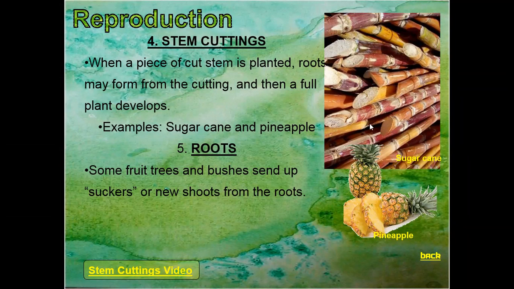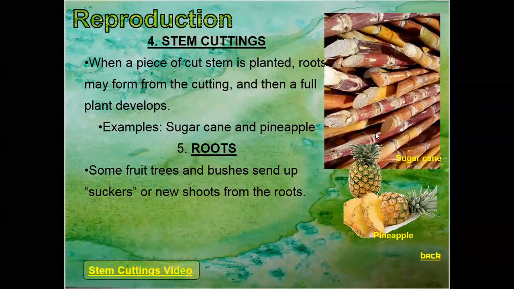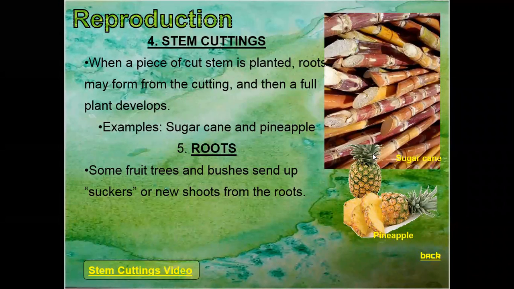Here, the roots can form and then a full plant can develop. Sugar cane in Egypt, pineapple, the roots, some fruit trees, and bushes send up suckers or new shoots from the roots.